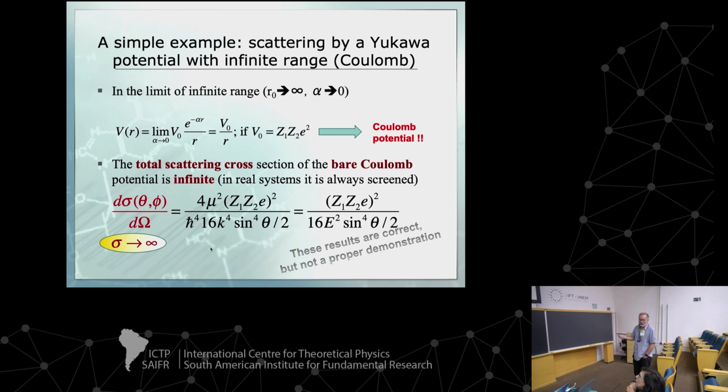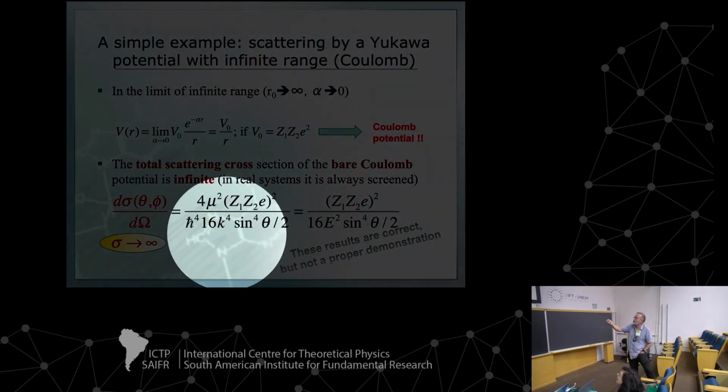Another interesting case is Coulomb. Well, this is bad mathematics, I tell you, but good results. This is typically what you do when you handle Coulomb potentials, the trick is to consider them the limit of alpha here going to 0.